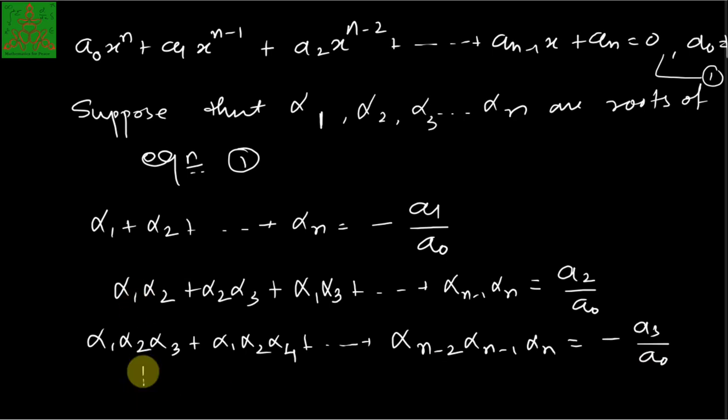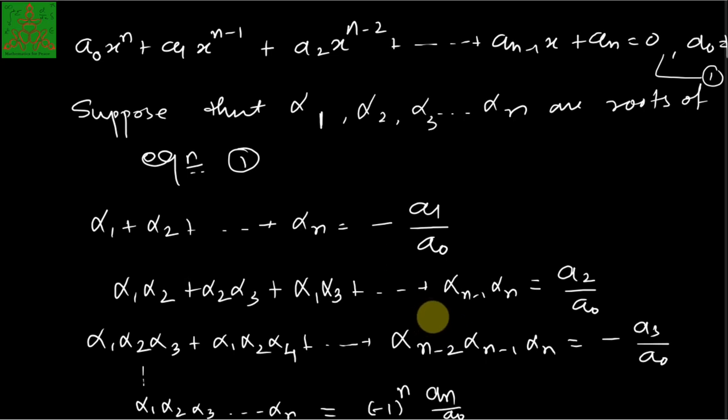In the same manner, the last term will be alpha 1, alpha 2, alpha 3 up to alpha n. So the product of all the roots will be minus 1 raised to n, an upon a0. And one can prove this by mathematical induction very easily.